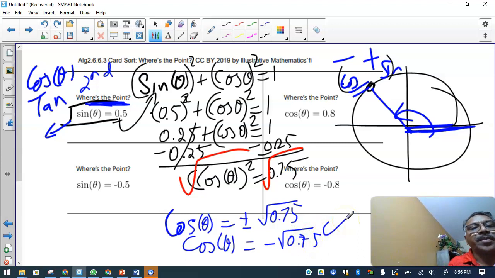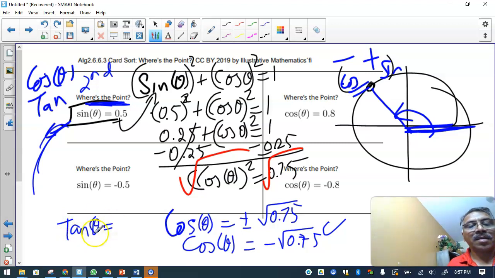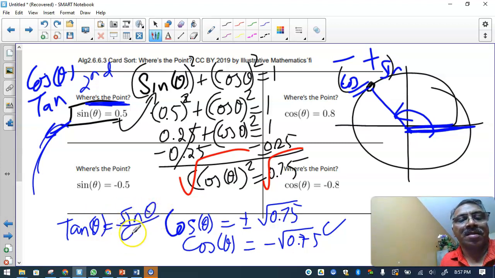Once you get this, the problem is still not done. Now you do tan theta, which is sine over cosine.